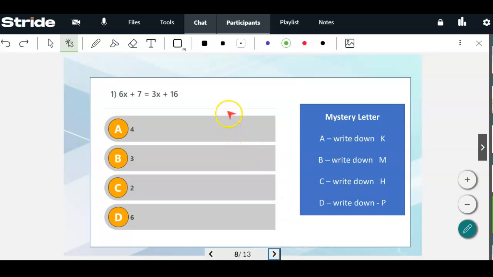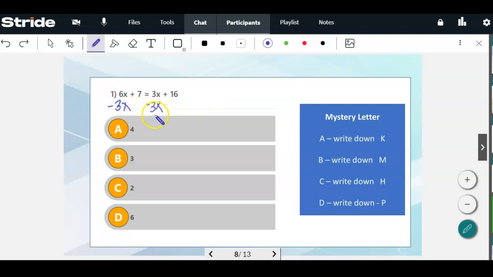Okay, so we'll just go ahead and do a couple more here. So we're going to have a mystery letter here, or mystery word. So 6x plus 7 equals 3x plus 16. You can use your calculator, see if you can beat me in this recording by getting the answer before I do. I'm going to subtract 3x from both sides.